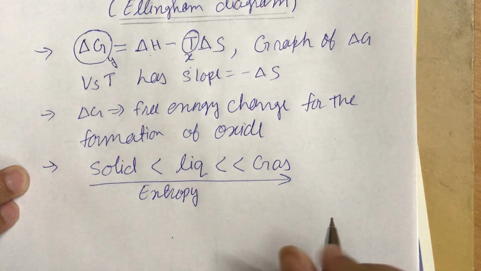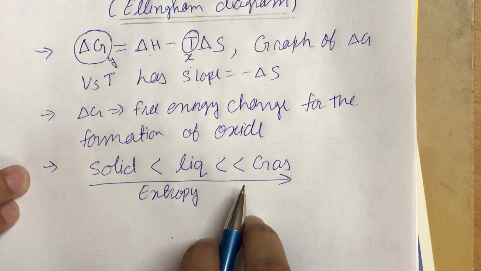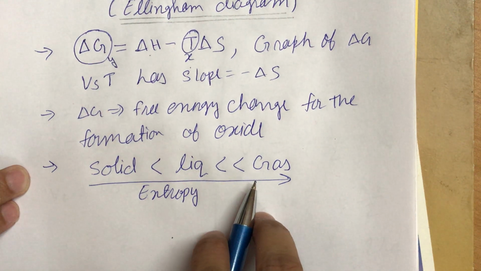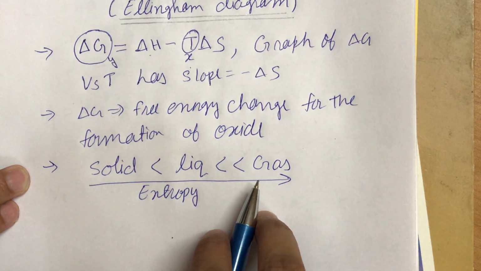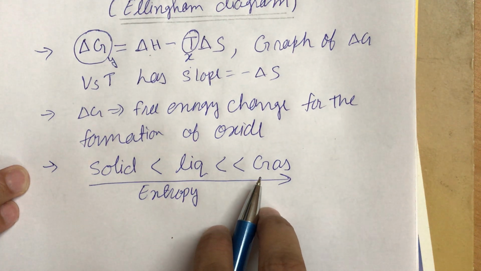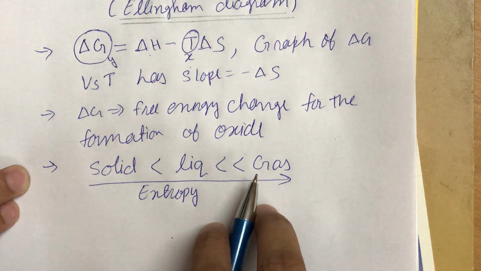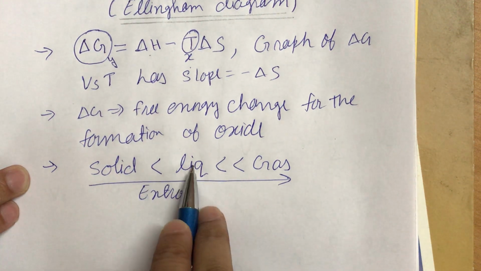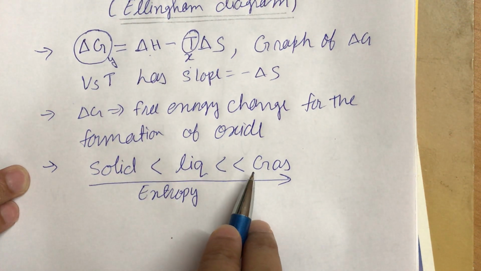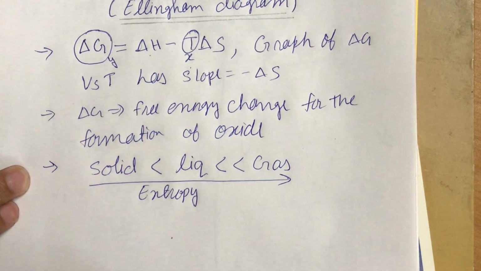In a given chemical reaction, if we have any gaseous reactant or product, then the change in entropy is mainly decided on the basis of the gaseous reactants and products. If the moles of gas are increasing, then entropy will increase. If the moles of gas are decreasing, then the entropy of the system will decrease. So it depends on the change in moles of gas. The entropy of solids and liquids is very less in comparison to gases.